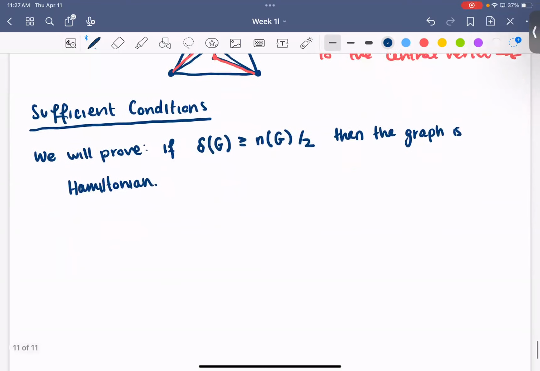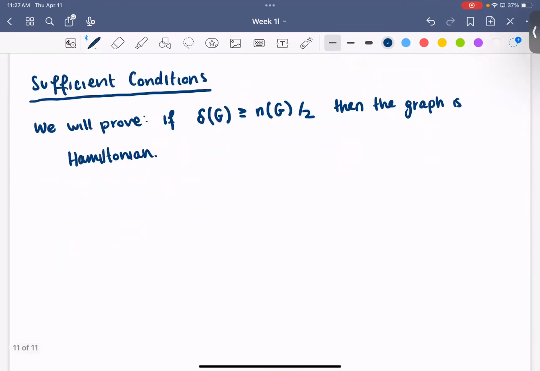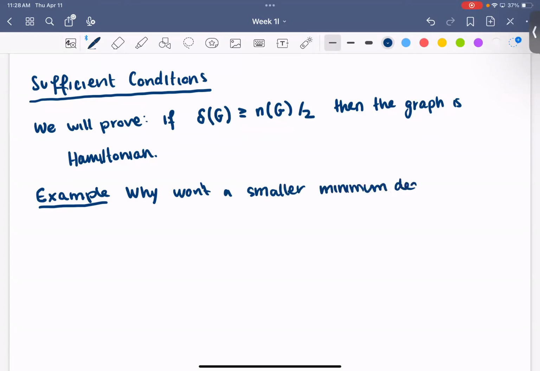First, let's think of an example that shows why we can't make an improvement to this statement. Why won't a smaller lower bound on the minimum degree work?